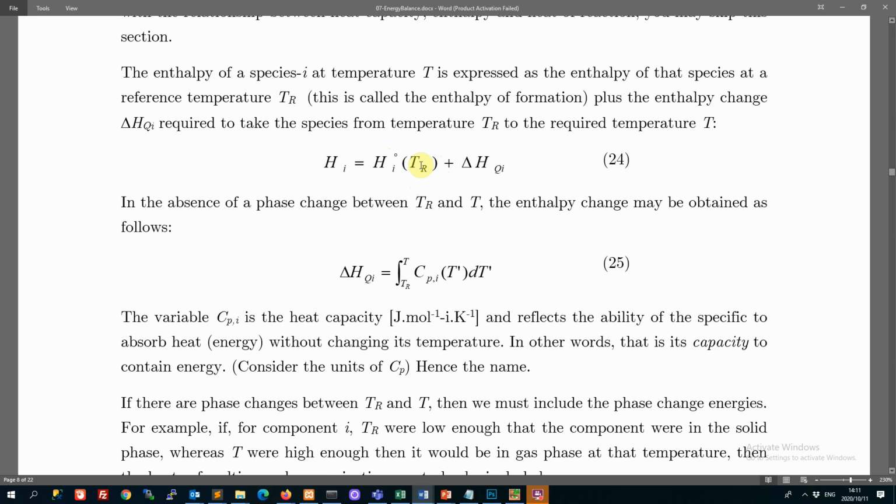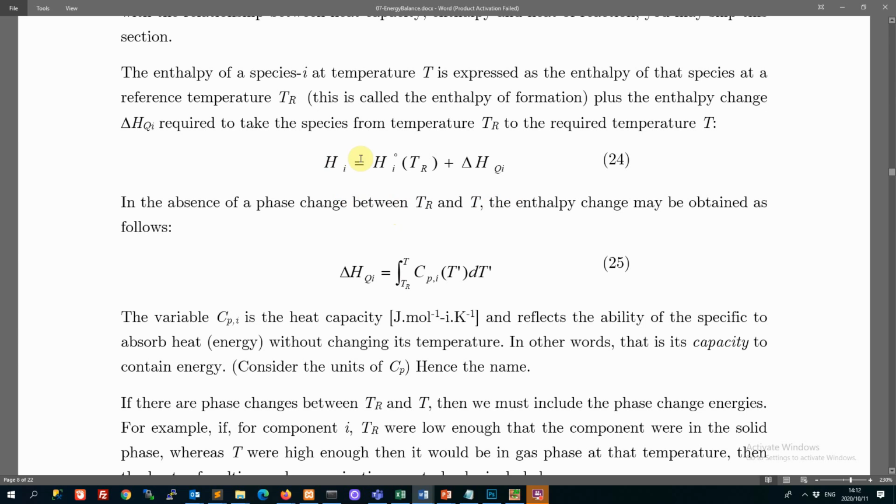I want my reactor to run at 200 degrees. So I need to add some other energy to get my actual enthalpy. And you typically estimate this amount beyond the reference value in this way. You typically have a heat capacity, and so you just integrate the heat capacity between the reference temperature and your temperature of interest. That gives you that delta enthalpy, and then that's of course your enthalpy for that temperature T.